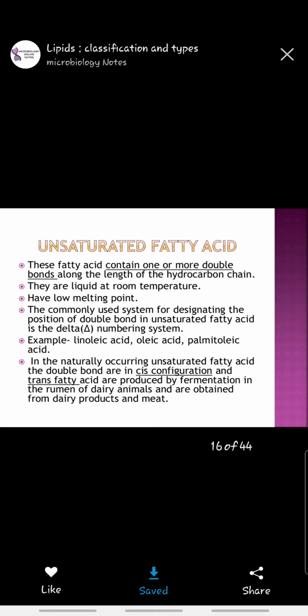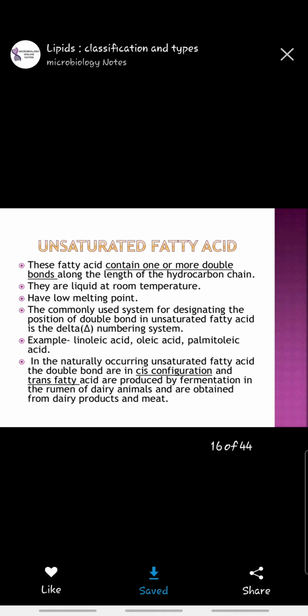An example of it, we have linoleic acid, oleic acid, and palmitoleic acid. Later part we will discuss further these types of acids.